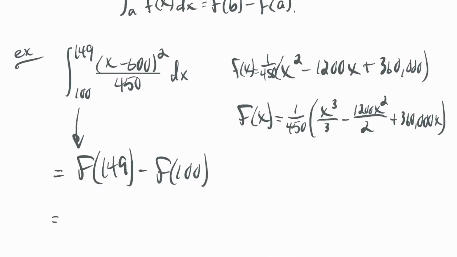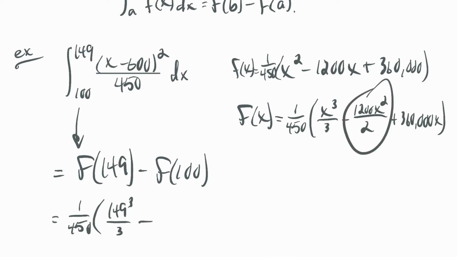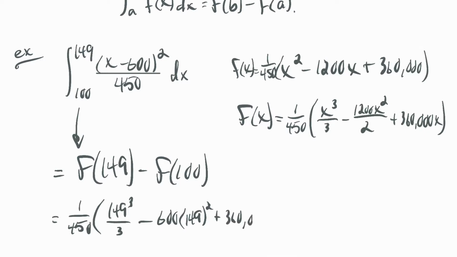So this is going to be 1 over 450 times 149 cubed, big number, over 3, minus, this will reduce, 1200 over 2 is 600, so 600 times 149 squared plus 360,000 times 149.